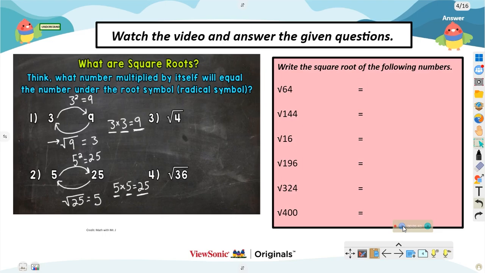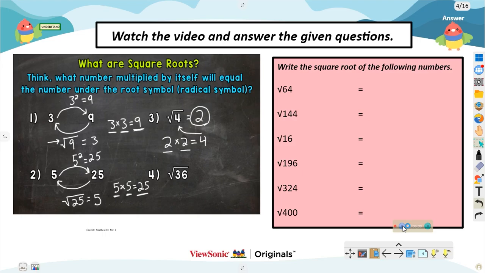Let's move on to numbers 3 and 4, and we're just going to take the square root of these numbers. So for number 3, we have the square root of 4. Well, we know 2 times 2 equals 4. A number times itself equals the number under the square root symbol. So the square root of 4 equals 2.